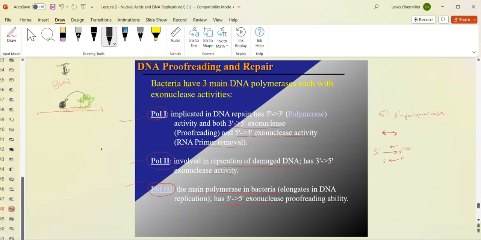Right? I'm a terrible drawer. Let's just say that this is a camera or something. So no light is going to be emitted there, and therefore you won't see anything. Now, if you use polymerase 1, it could come in here, and once it hit this, it could start chopping this. Remember, it's going 5 to 3.